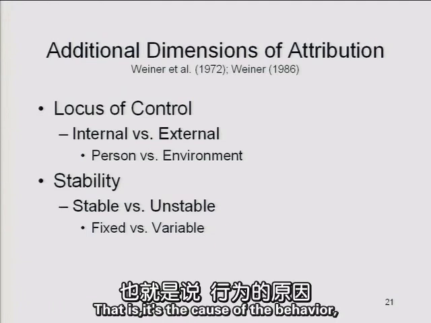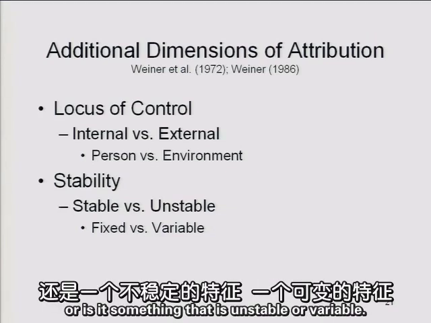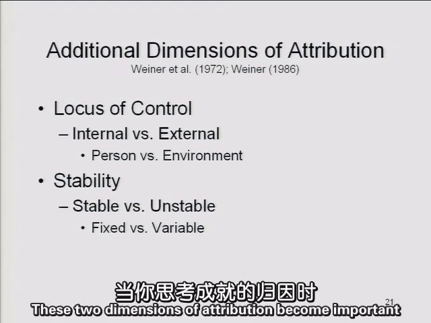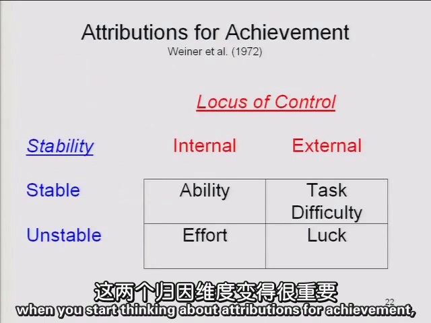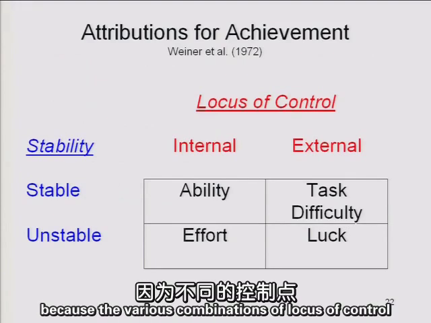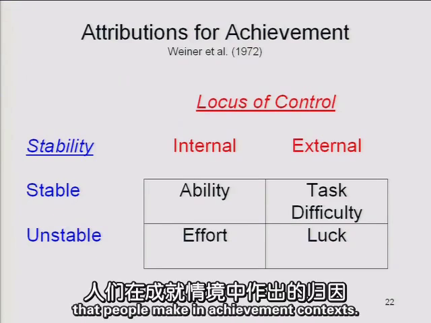That is, is the cause of the behavior something that is a stable feature of the world, or is it something that is unstable or variable? These two dimensions of attribution become important when you start thinking about attributions for achievement, because the various combinations of locus of control and stability give you the kinds of attributions that people make in achievement contexts.